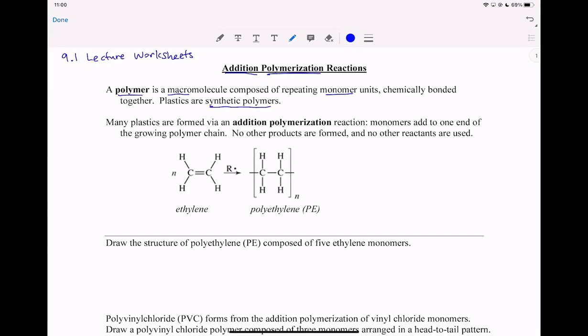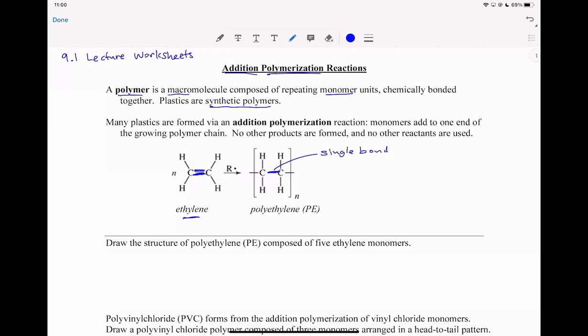This is not simple like sticking it together with tape. The addition polymerization is a process where you start with a monomer like ethylene. So we just built the monomer ethylene, and this is the same structure, 2 carbons with a double bond. Notice that double bond that I just wrote over in blue. In forming the polymer, this double bond breaks and becomes a single bond.